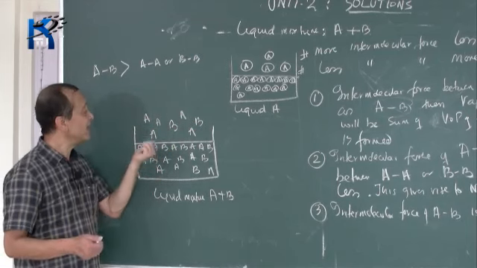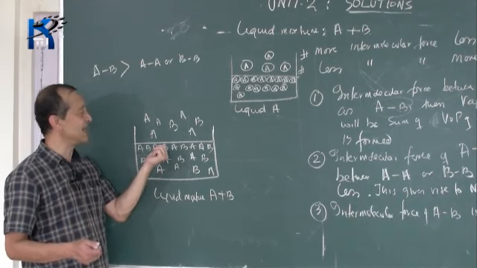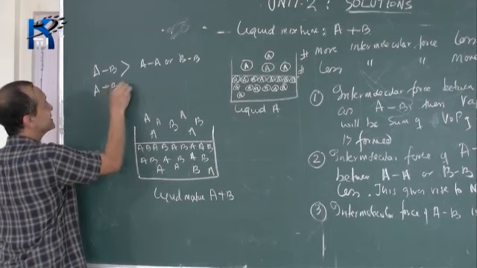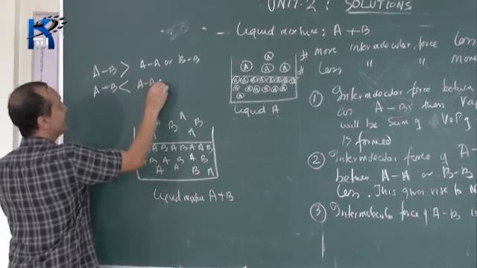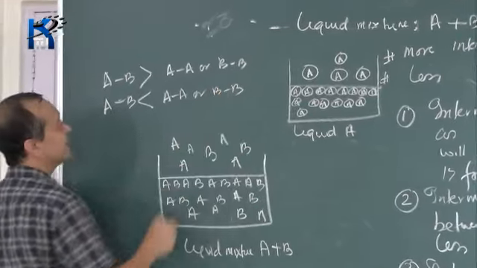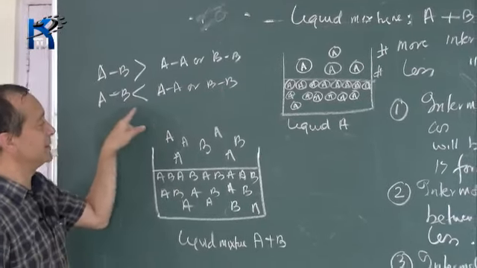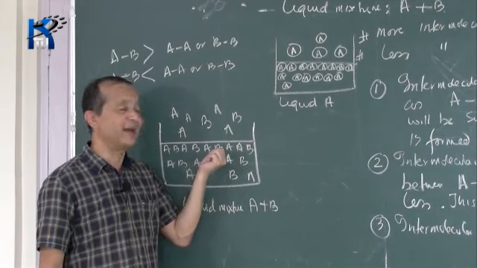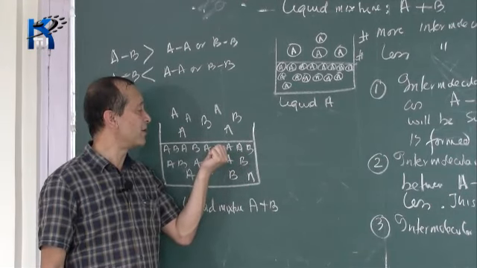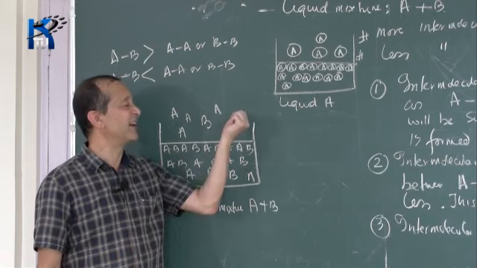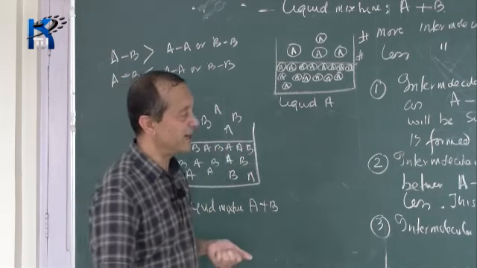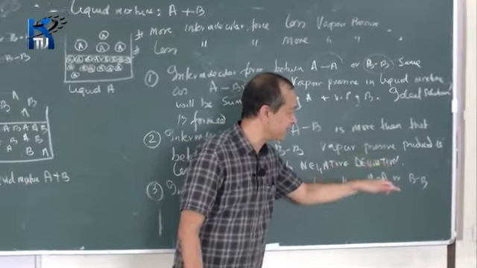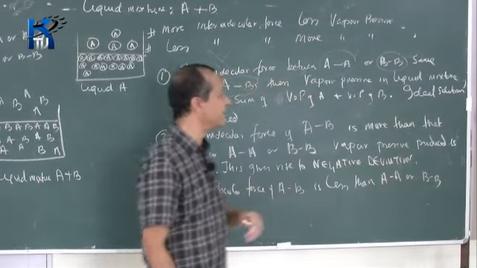In the same way, if the AB interaction is less than AA or BB, that means if the BB interaction is more than AB, because B is surrounded by A only, more amount of B will be there on the surface, and more amount of B will be above the surface.